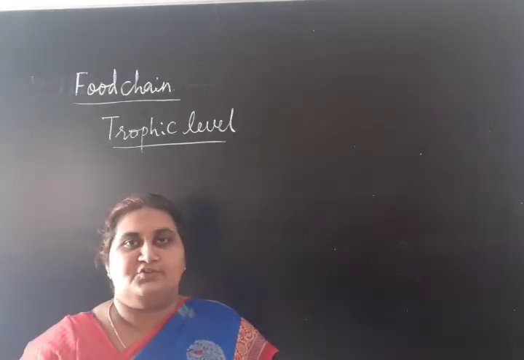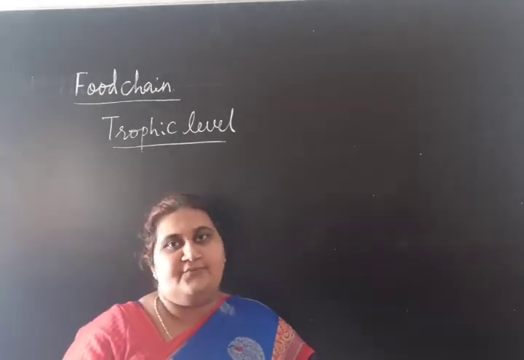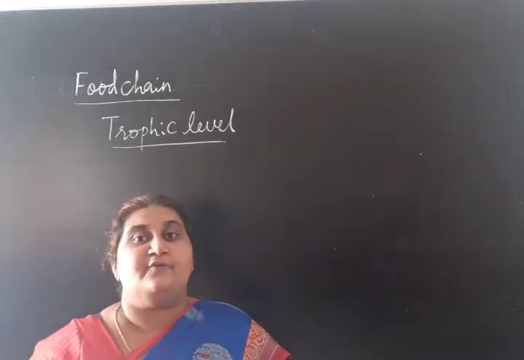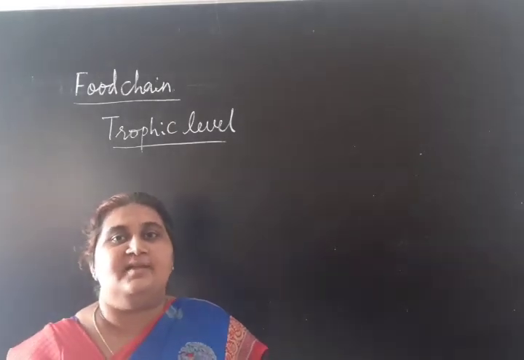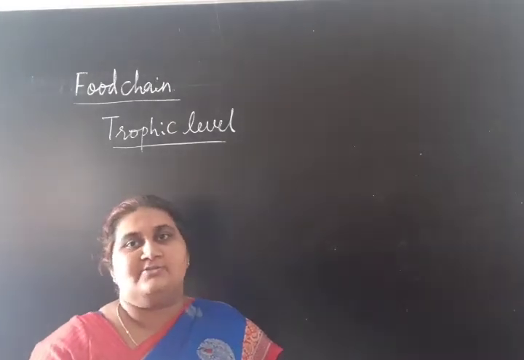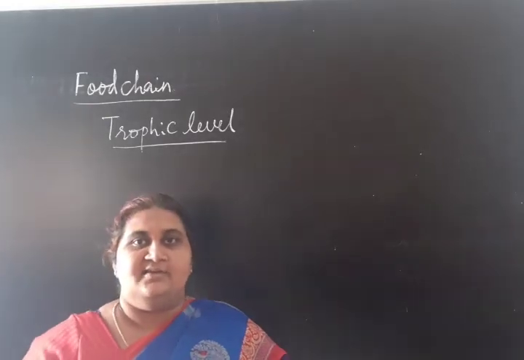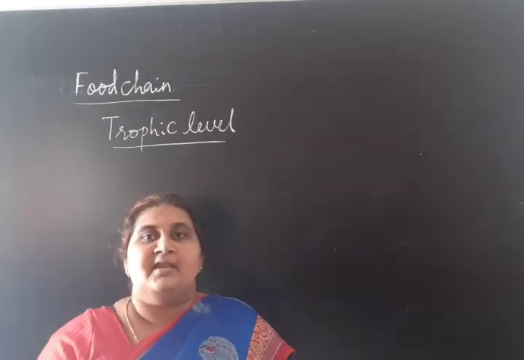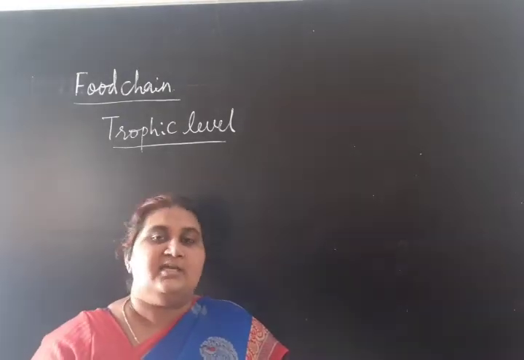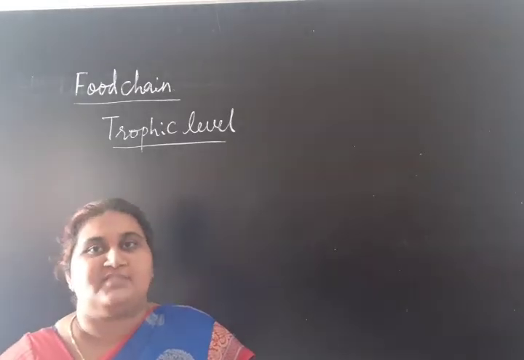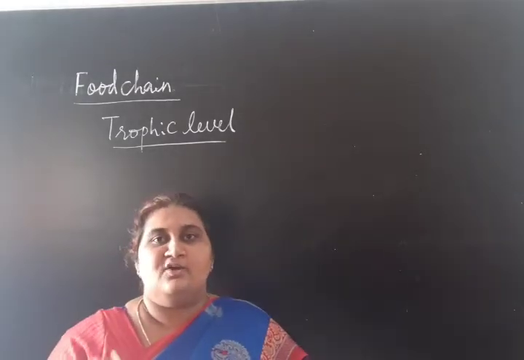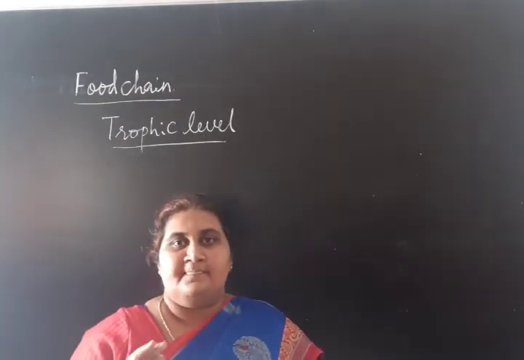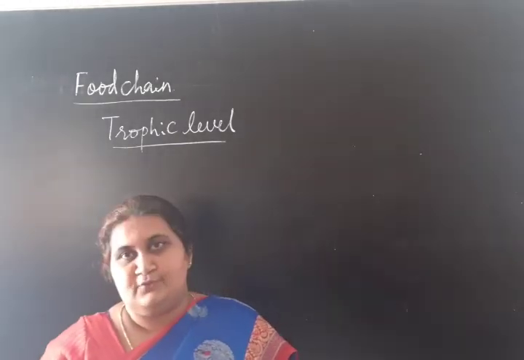A group of organisms, irrespective of size, having a similar food habit is also called a trophic level. The number of trophic levels is equal to the number of steps in the food chain.